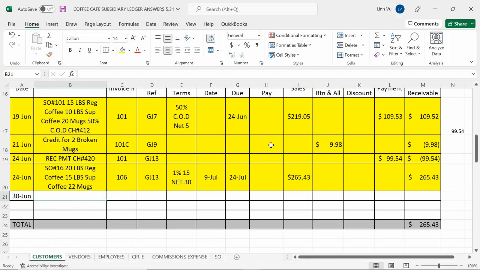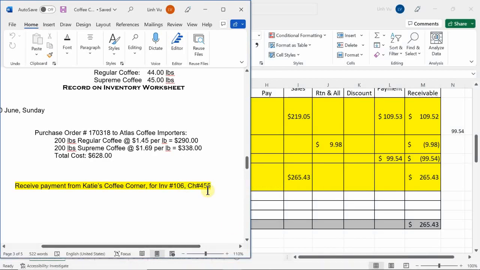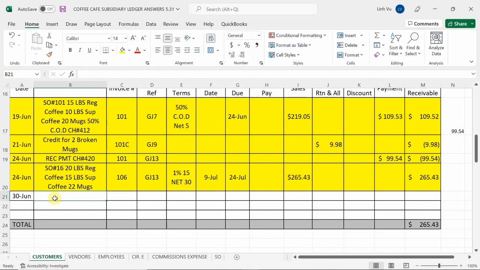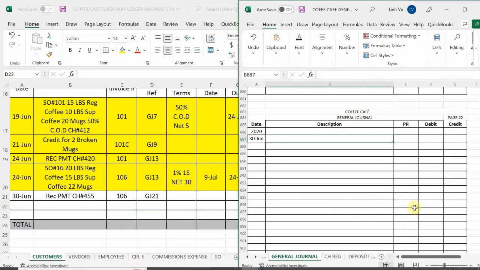Because we know that we received a payment and it is check number 455. Invoice number 106. We are now on our journal number 21, right? Because we started a brand new journal. Okay, page 20. Oh, page 22.